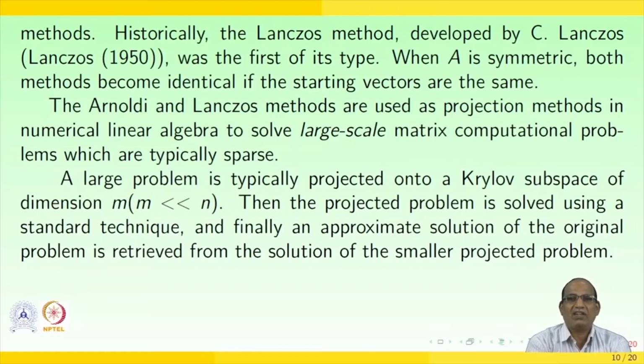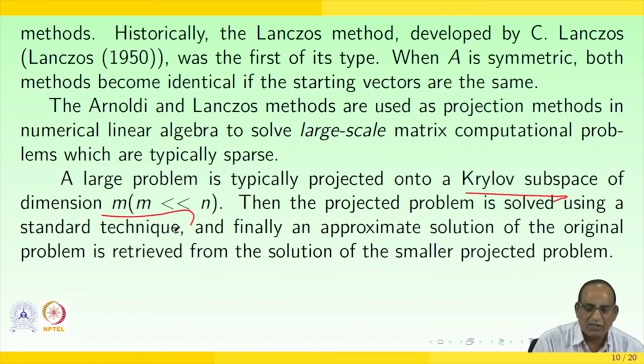The Arnoldi and Lanczos methods are used as projection methods in numerical linear algebra to solve large scale matrix computation problems, which are typical in nature. A Krylov subspace method for large systems is typically projected into a Krylov subspace of dimension m.